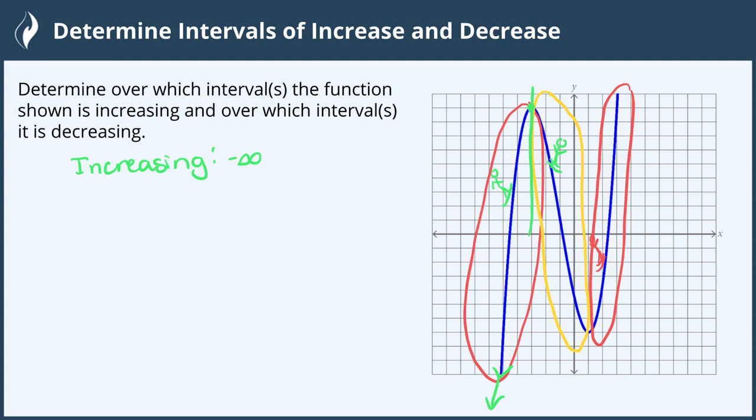And so this is 1, 2, 3 units over. So the skier is increasing, or the graph is increasing, from negative infinity until we get to negative 3.